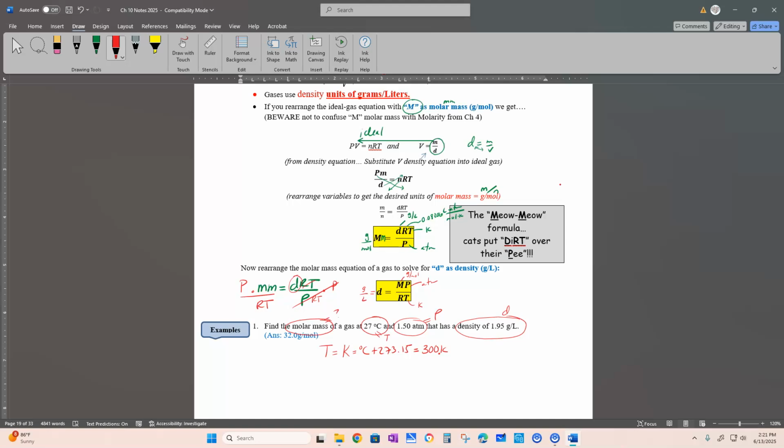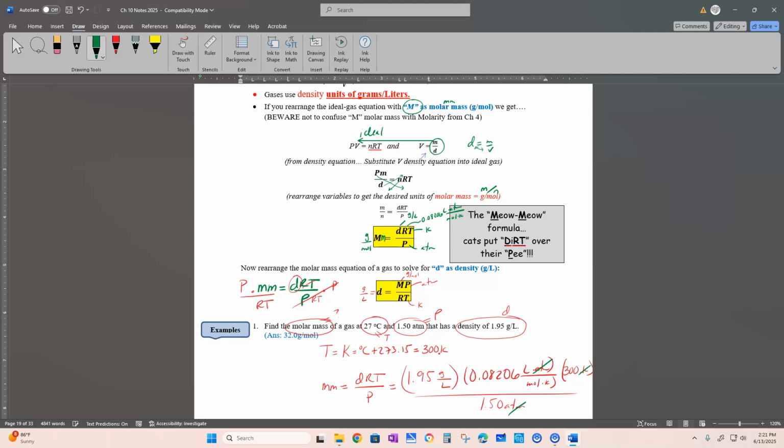So I have my equation right here, molar mass, and if you want to put capital M, that's okay. Density, dRT over P. So density, 1.95 grams per liter. Since we don't know who the chemical is, I don't need to write it. Write our gas constant with all of its units, liters·atm over moles·K. And my temperature is 300. And then my pressure is 1.5. I want you to check out the units first. Atm, top and bottom cancel.